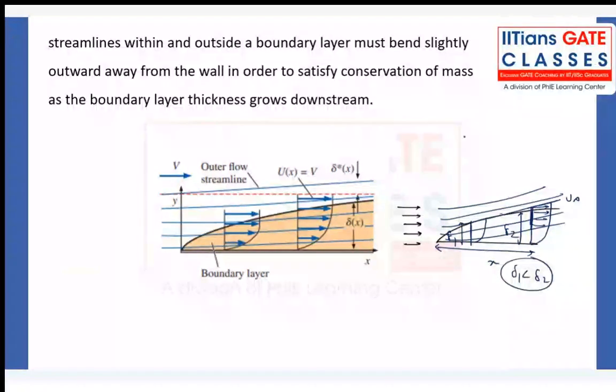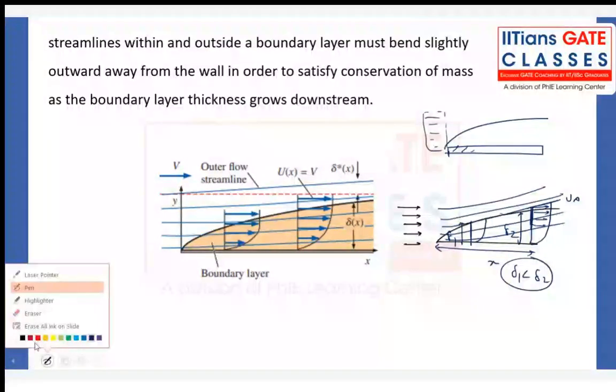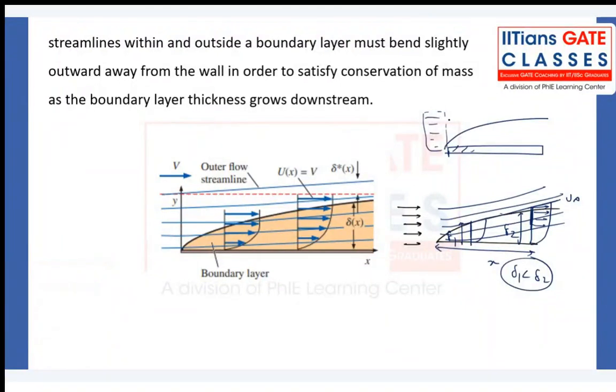Initially, in the boundary layer formation, the flow was parallel like this, but after a certain point the flow has to be shifted. Why is it shifted like this? Because to satisfy the mass flow rate conditions, we need to provide some more area so that the mass flow rate can be conserved. Now let's see how the mass flow rate can be conserved.